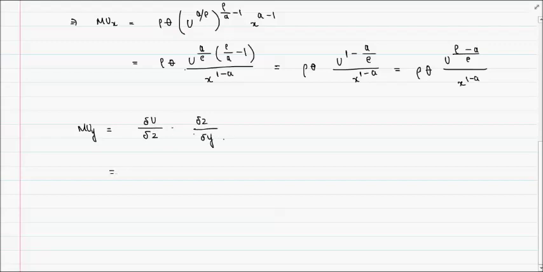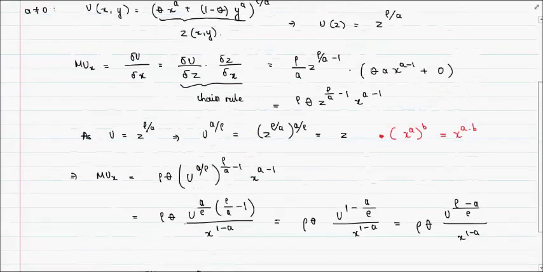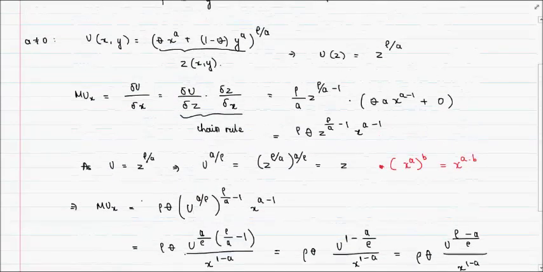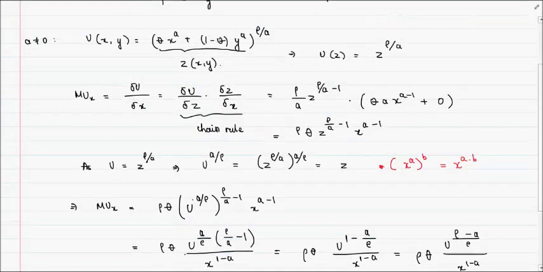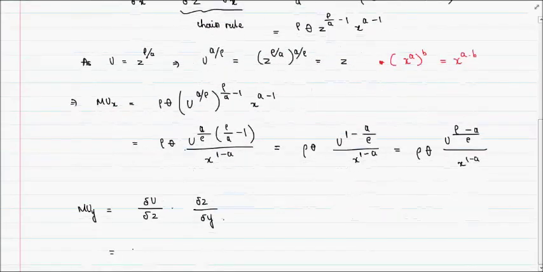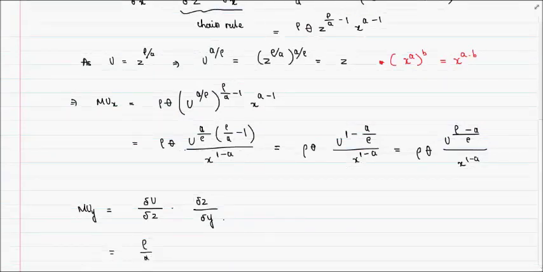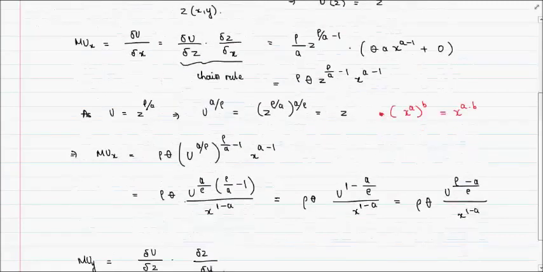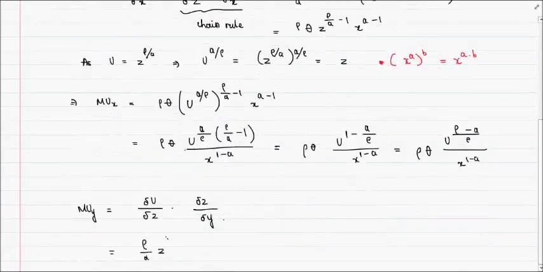So again, this is the chain rule, and the differential of u with respect to z is just going to be the same as over here, which is rho on a times z to the power rho on a minus 1, and then we multiply by the differential of z with respect to y.